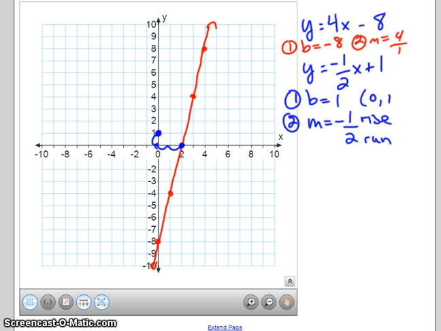Okay, notice how it shares this point right here. Again, with our points, we could go down 1 over 2 again and again. I did a pretty good job on this one. Our goal is to find this point right here, where the two lines intersect. And that point is at x is 2, y is 0.